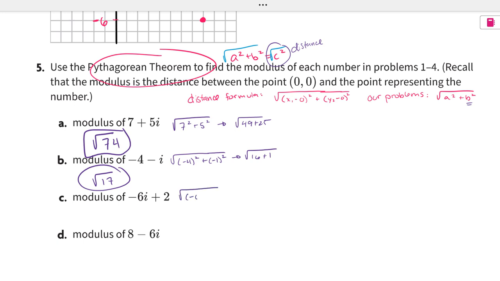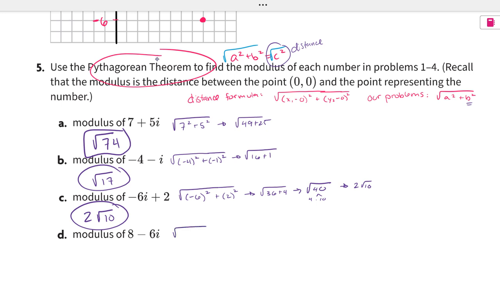Part C, so -6 squared, the order doesn't matter. -6 squared plus 2 squared. If I wanted to put the real part first, I would just swap those. So we get 36 plus 4, which is the square root of 40. And I can break that down into 4 times 10, because 4 is a perfect square. So the square root of 4 is 2, and I'm left with 10 still in the square root symbol.